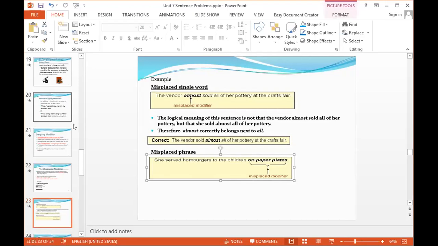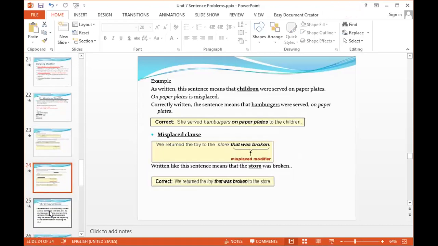That's why you have to be careful about the misplaced modifier. Everybody, can you get it? Anyone have questions about the misplaced modifier? Yeah, teacher.